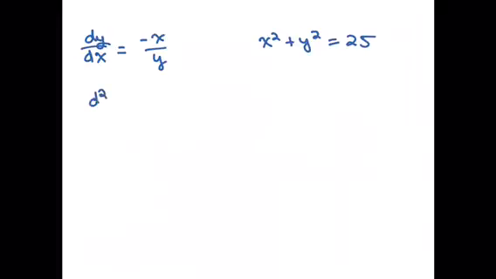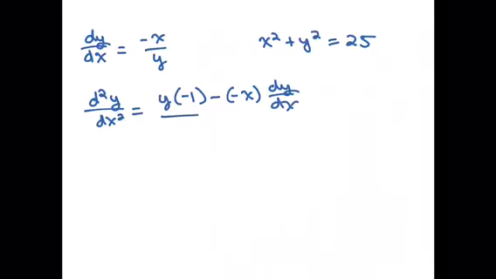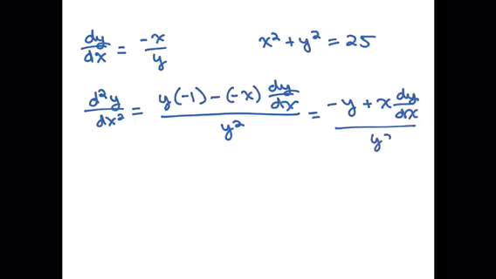So when I do the second derivative, we do low from the quotient rule. Low is y, d high would be negative 1, minus high, d low would be x dy/dx, over low squared. So if we clean this up, I get negative y plus x dy/dx over y squared.